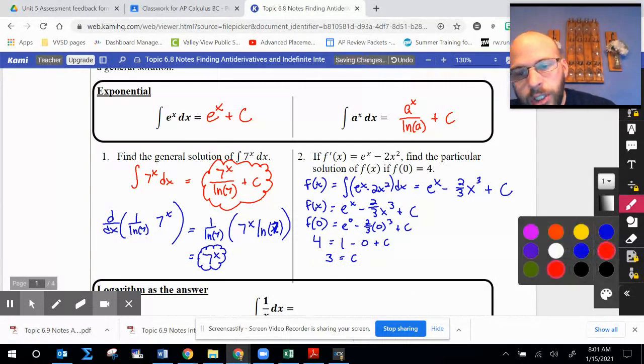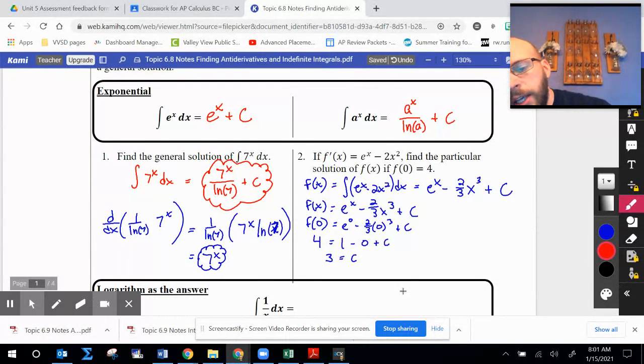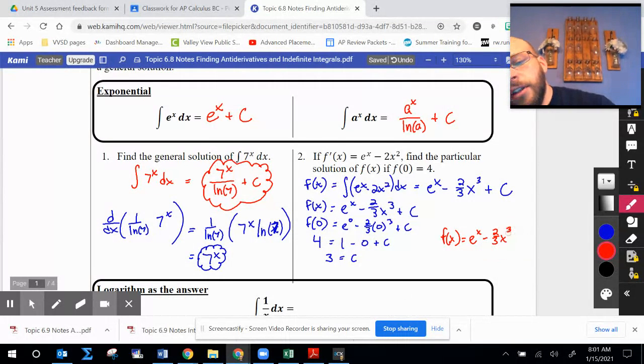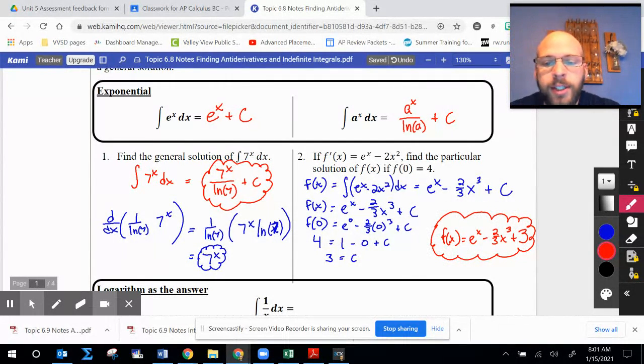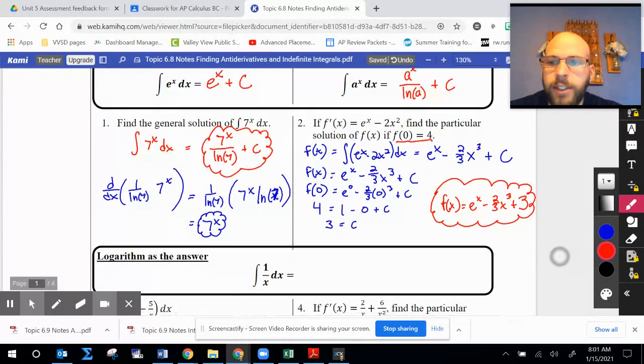So my function, I'm going to change colors here, is going to be e to the x minus 2/3 x to the third power plus, in this case, 3. So I gave you a little extra here, and I can end up finding the value of c.